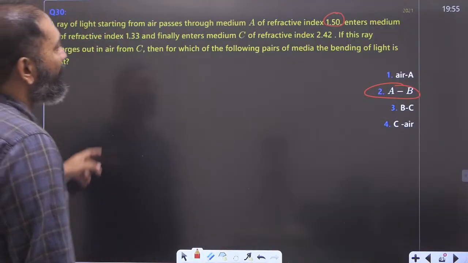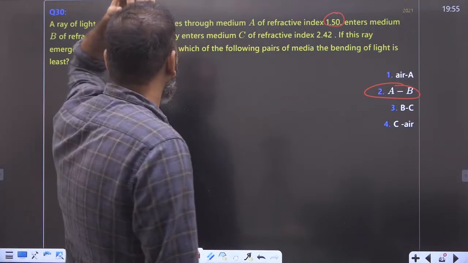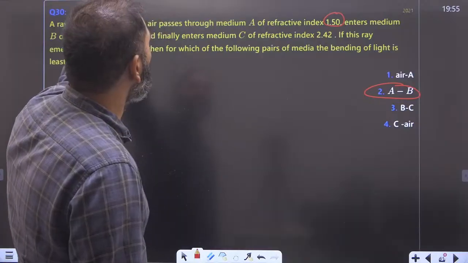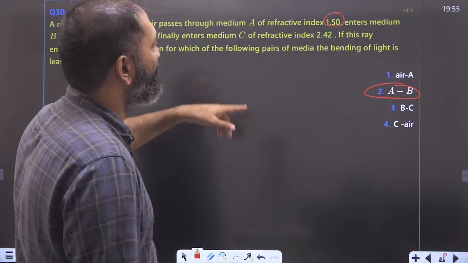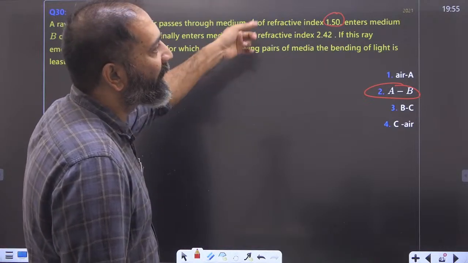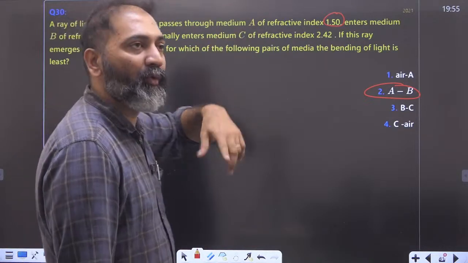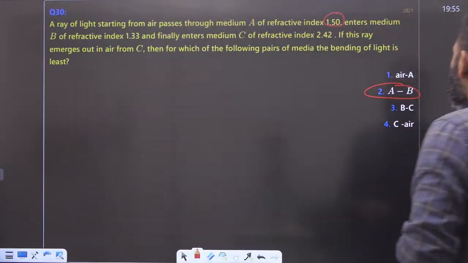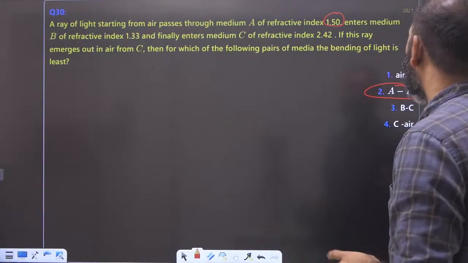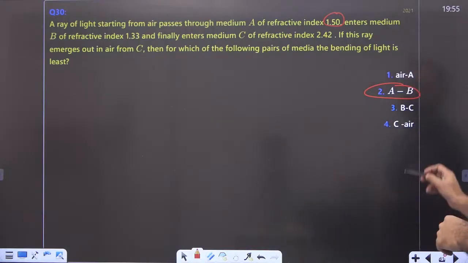Bending will be least because 1.5 to 1.33 is only a small variation. 1.33 to 2.42 is a big variation. Then after the third medium, it is getting back into air, which has refractive index of 1. So again, big deviation. So minimum deviation will be A to B, and maximum deviation is C to air.